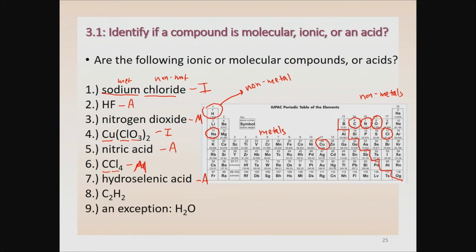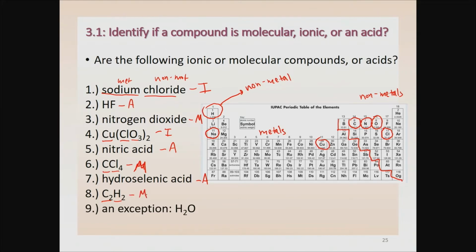Because the hydrogen is not listed first, this is not an acid. It would have to have H listed first to be an acid. So the next question you ask yourself is, are either the carbon or the hydrogen metals? And they're both nonmetals. So this is not an ionic compound. This is a molecular compound.